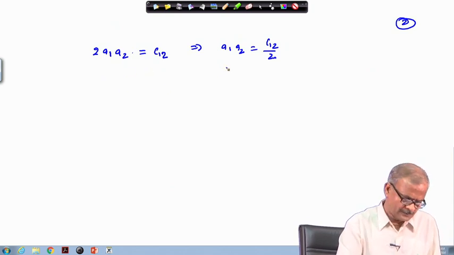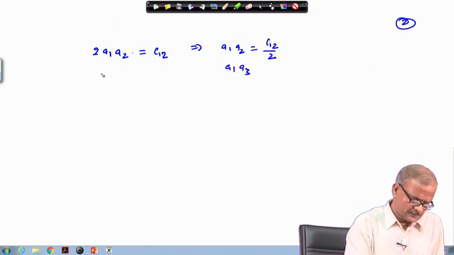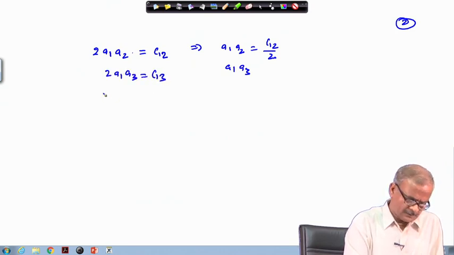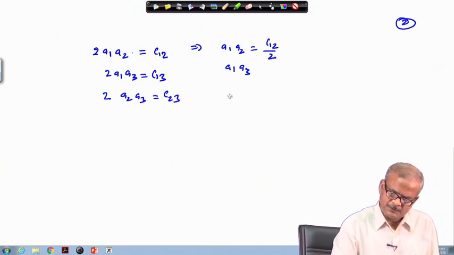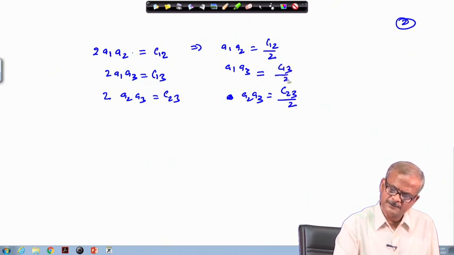Similarly, we will have A1 A3 from the other terms, A2 A3 equals C23 divided by 2, and this gives us C13 divided by 2.